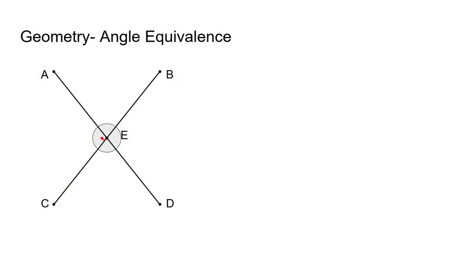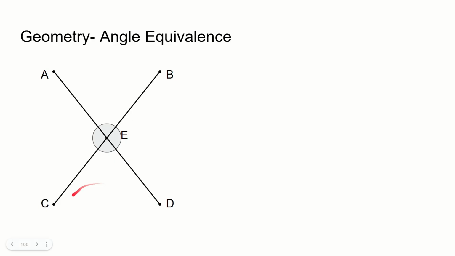But since these two are supplementary to the same portion, we know that these angles are actually equal because they both have the same part cut out of them. So this angle here and this angle here are equal, and the same is true for this angle and this angle.